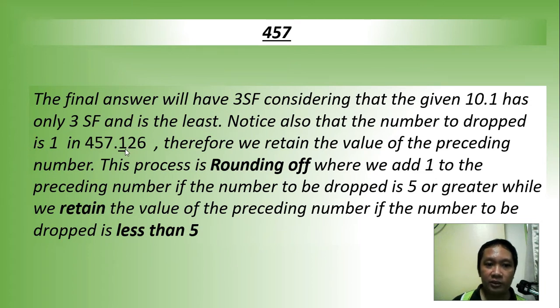Therefore, we retain the value of the preceding number, and this process once again is called rounding off. We only add if it is 5 or greater. However, it's less than 5, it's 1. Therefore, we just simply retain the value of the preceding number, which is 7, leaving us with a final answer 457. Okay, so that's the example in multiplication.